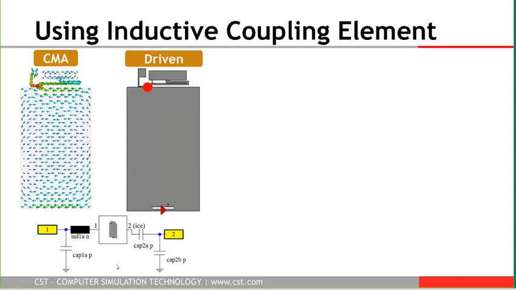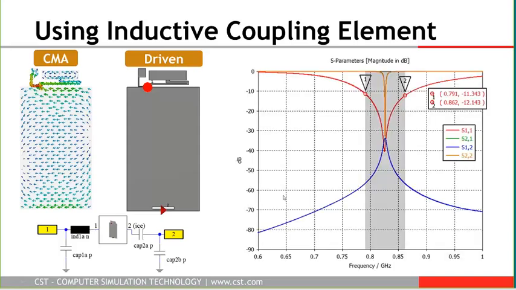We design again the matching circuit. This time we need to match both antennas, so we need to put the matching circuit to the main antenna and also to the second antenna. And we get the frequency response. And what is interesting to note, that the main antenna performs very well.